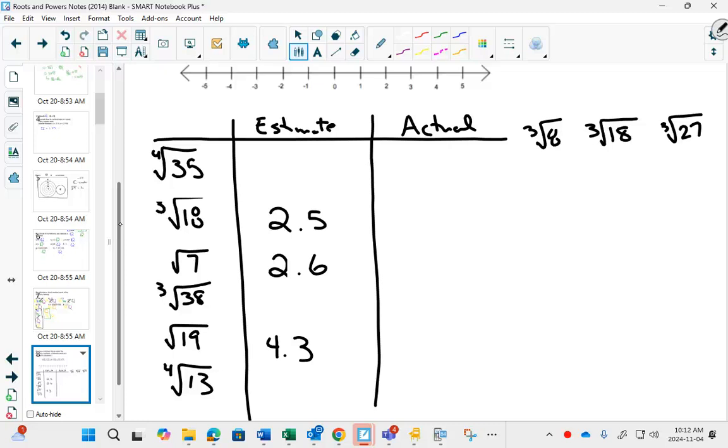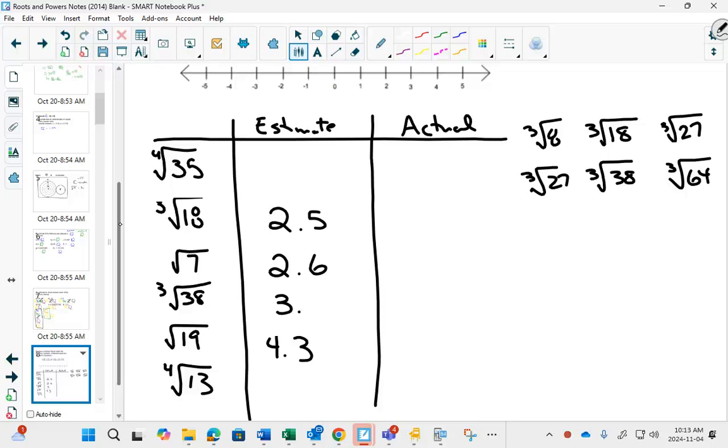What's the other cube root we have? We have the cube root of 38. Seems like the cube root of 27 is 3. If 3 times 3 times 3 is 27, what's 4 times 4 times 4? 64. So 38 is between 27 and 64. So the cube root of 38, I'm going to put at 3 point, seems quite a bit closer.